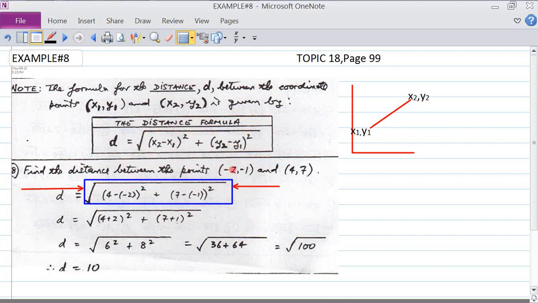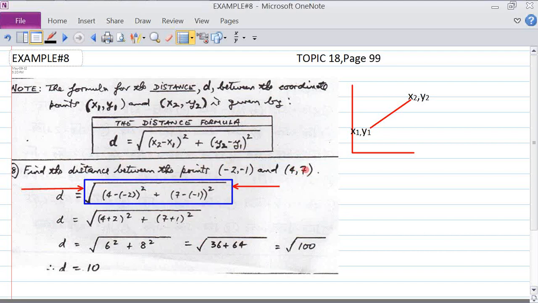Now, you can call this x1 and y1 and this x2 and y2 if you want, or you can call this one x2, y2 and this one x1, y1. It doesn't matter which you identify as which, because when you square them, the signs come out. Now in this particular case, x2 is 4, so 4 minus (-2) right here.